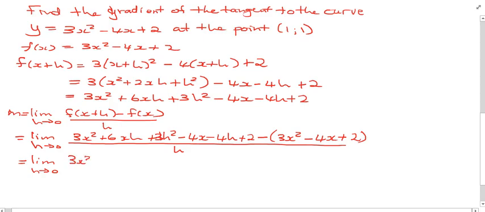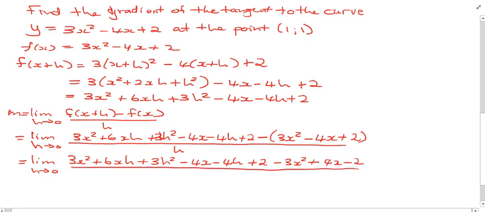So we have 3x squared plus 6xh plus 3h squared minus 4x minus 4h plus 2 minus 3x squared plus 4x minus 2 all over h.